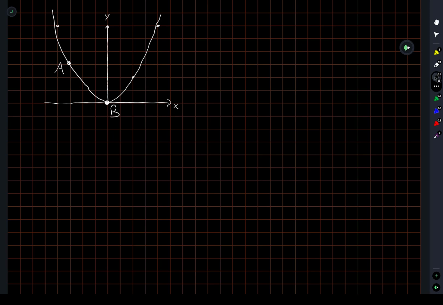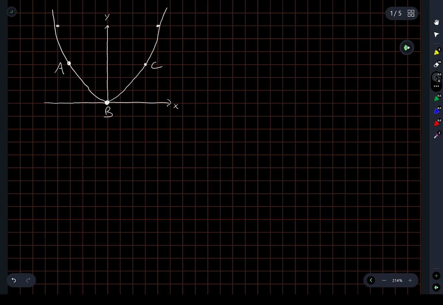And because we need an equilateral triangle, there's no harm in making it so that point C is just a reflection of point A through the y-axis. So this will be point C here.